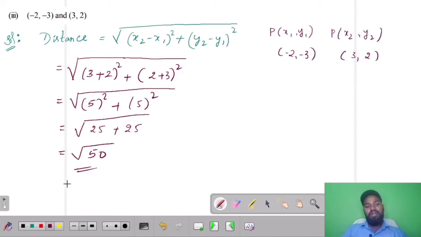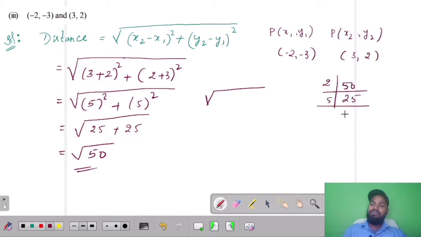If you want to make it simpler, what should you do here? See. You can just factorize this 50. 2 into 25 is 50. Then 5 into 5 is 25, right?